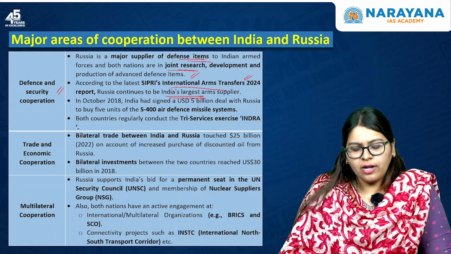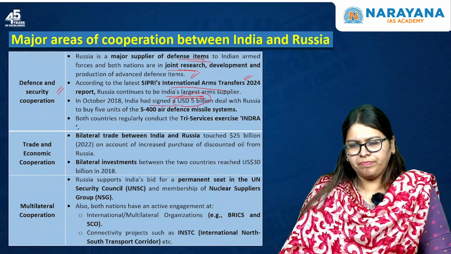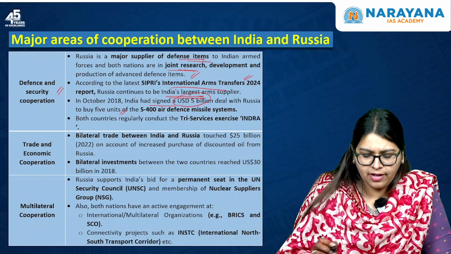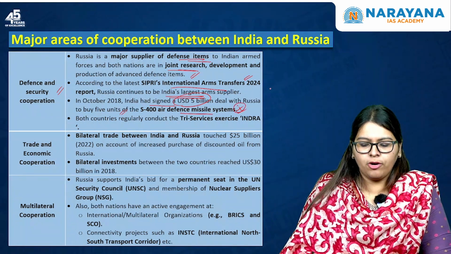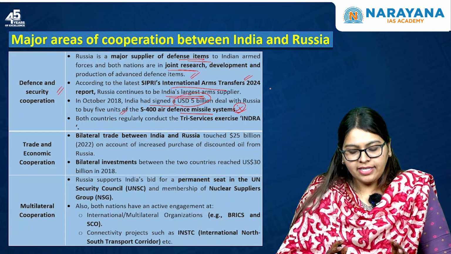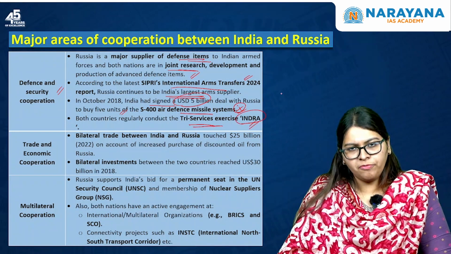Also, in 2018, India signed a 5 billion deal with Russia to buy 5 units of the S-400 air defense missile systems. Again, very, very important. And both sides conduct the tri-services exercise named Indra. This is also very, very important.